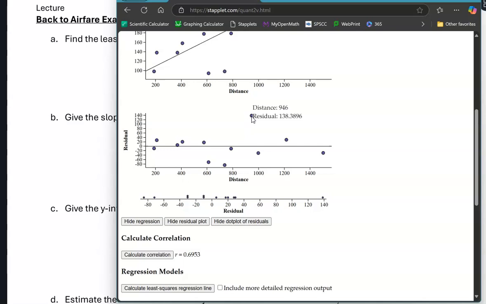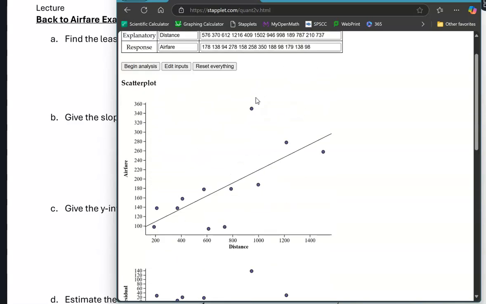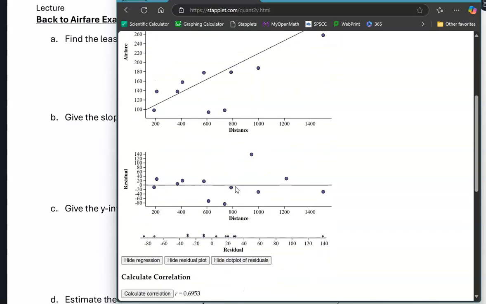Like this dot right here, we can see that distance 946, residual 138.39. That's coming from this one with distance 946. So where we have this furthest distance away from the line, it's almost like we just switched the line to being horizontal and we can still see that large distance. It's just now easier to see that vertical distance here.